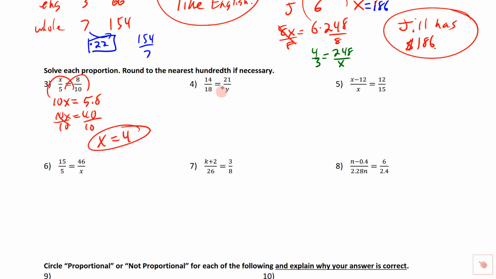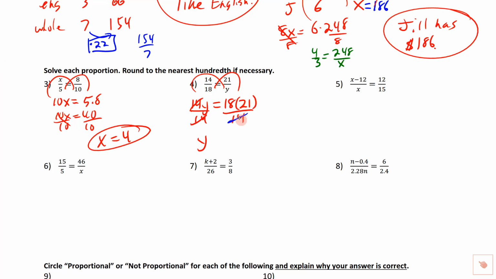Let's take a look at this next one here. I am going to leave this in this unmultiplied form, this factored form, if you want to call it that. We'll just leave it the 18 times the 21. We're going to divide by 14 here, and then let's see what we can come up with. I'm going to change colors here so we can cross cancel.